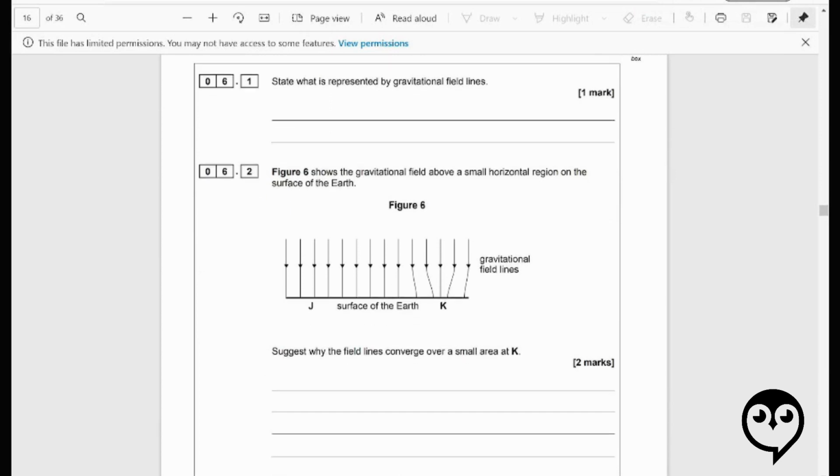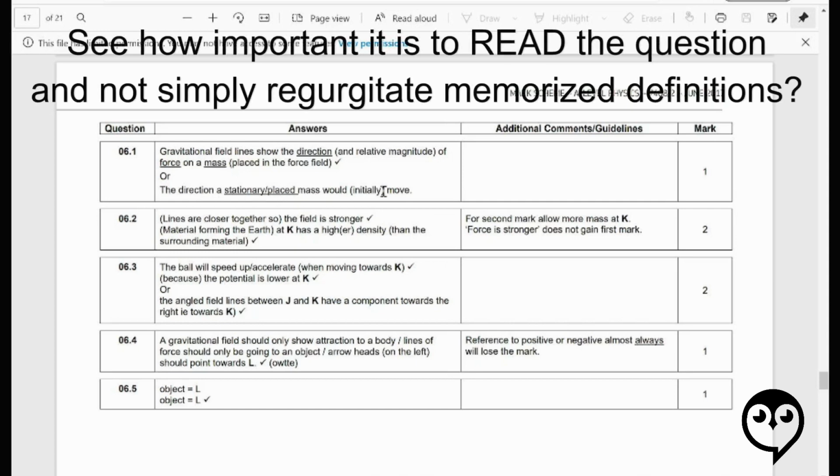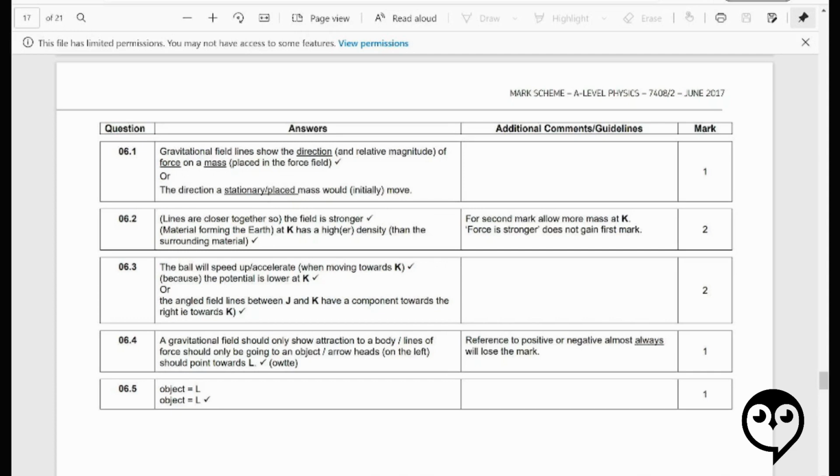But maybe you go back to what is represented by the field lines, and that is true. It's the direction a mass or object would move. Okay, it's the direction of force that acts on a mass in a gravitational field. Like I say, AQA likes to do it a bit differently.